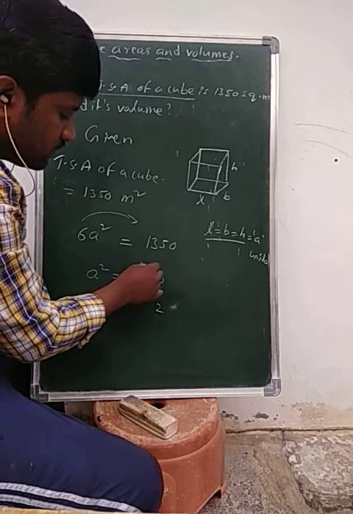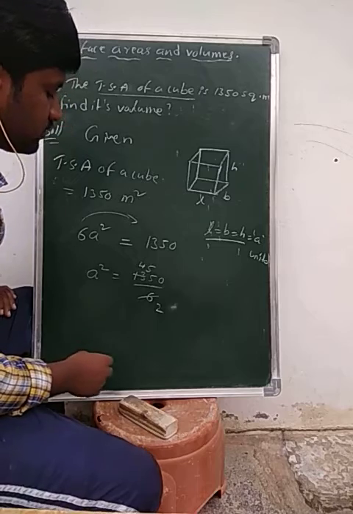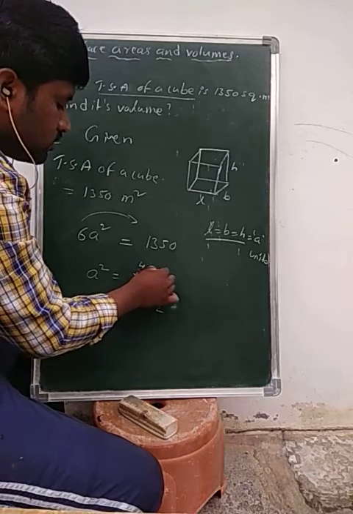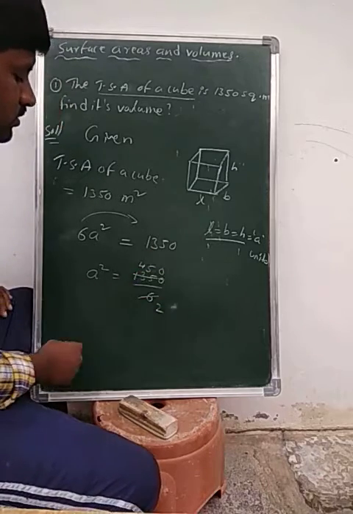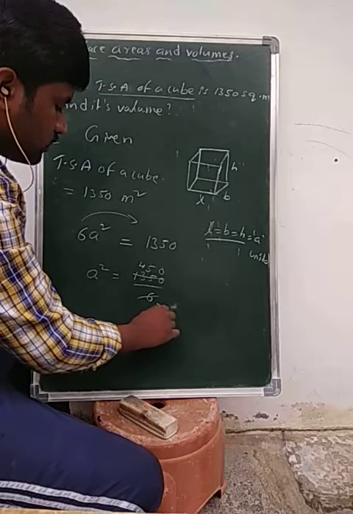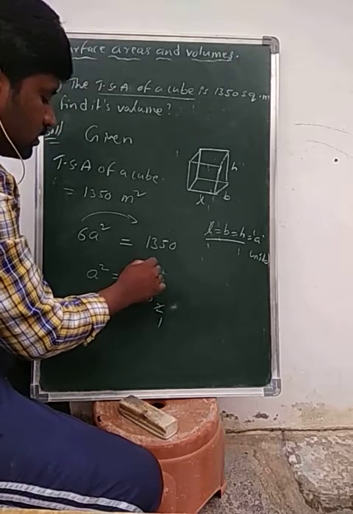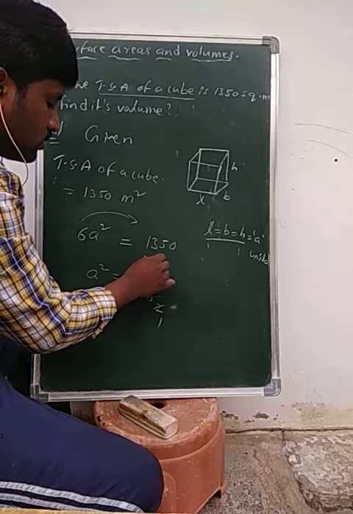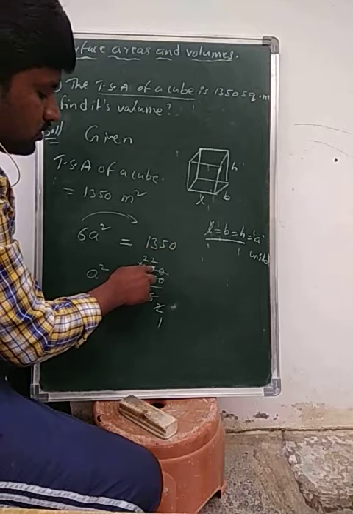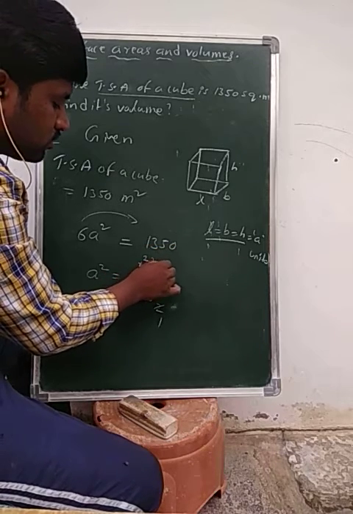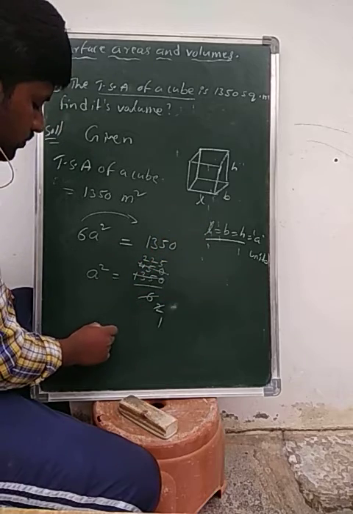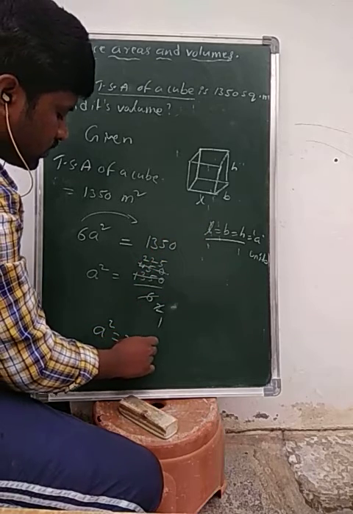Beside number is 5. 3 5s are 15, 0. 3 zeros are 0. Again 2 1s are 2, 2 2s are 4, 2 2s are 4. Here 1 is there, beside number is 0. 2 5s are 10. So a square is equal to 225.